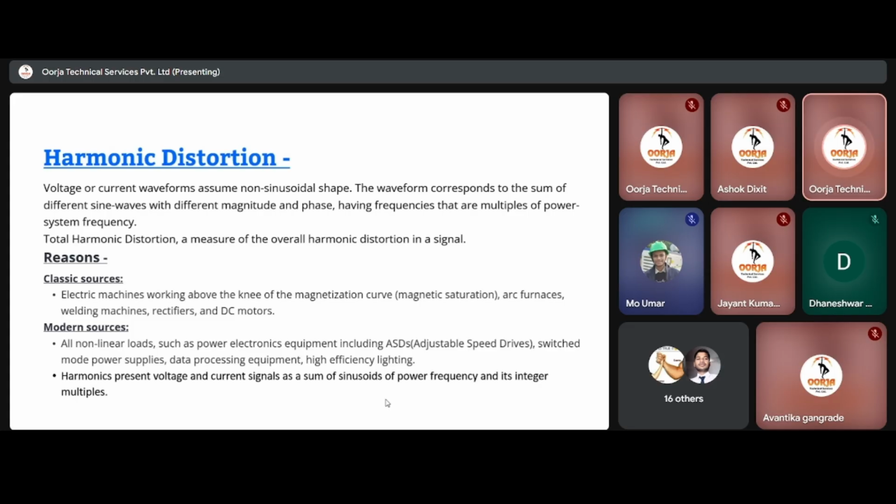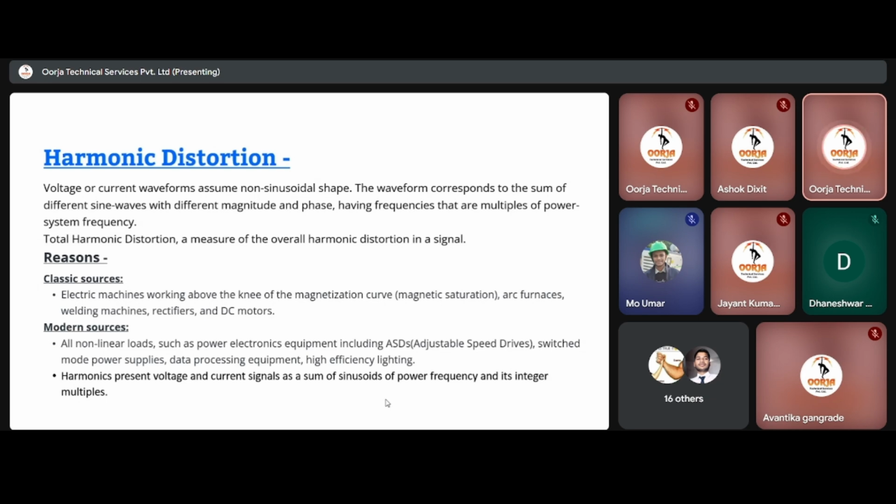Total harmonic distortion, a measure of overall harmonic distortion in a signal. Reasons: classic sources and modern sources. First, classic sources. Electrical machines working above the knee of the magnetizing curve, saturation, arc furnaces, welding machines, rectifiers, and DC motors.